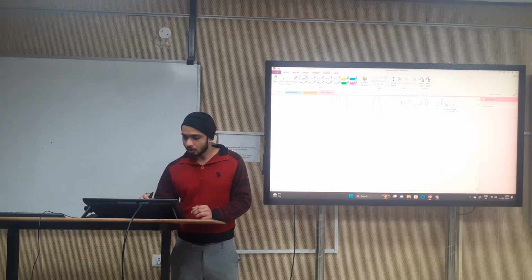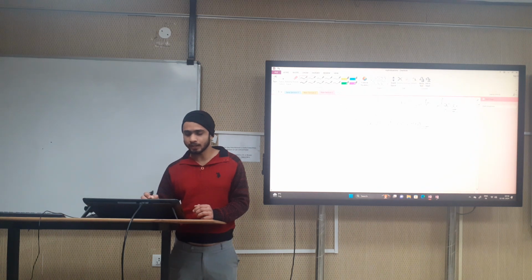And now for trans isomerism, how will it be there? For example, this is C double bond C, this is CH3, another CH3 will be on the opposite side, and these are the 2 H atoms.